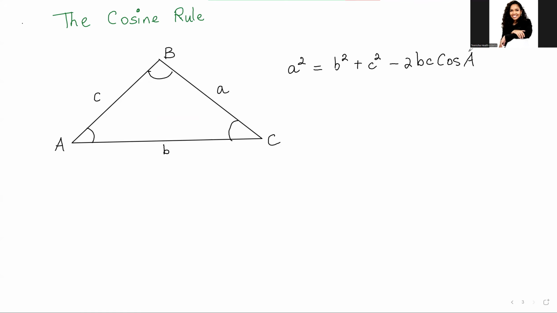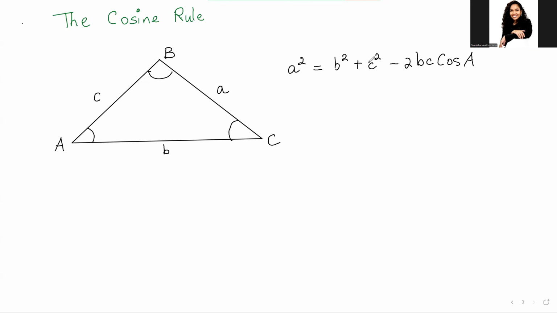So if I want to find side A, A will have to be the subject. A squared is equal to B squared plus C squared minus 2 times B times C by cos A.